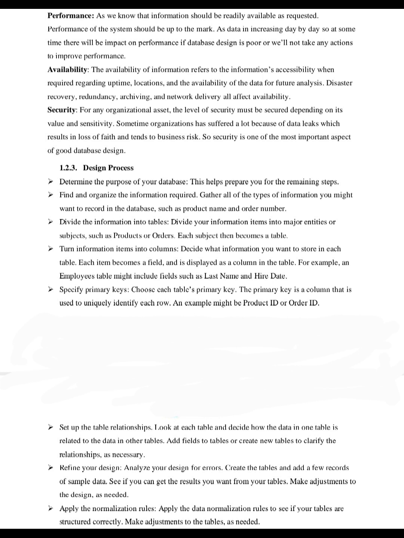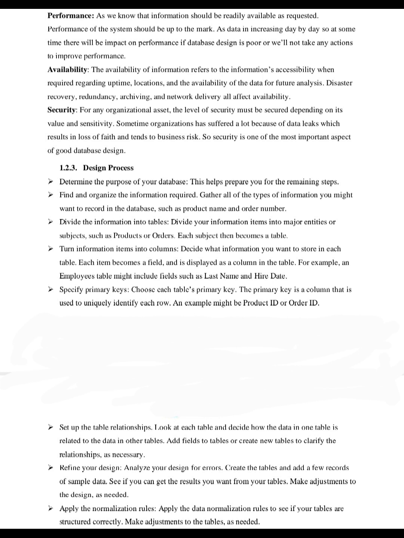Divide your information items into major entities or subjects, such as products or orders. Each subject then becomes a table. Then turn information items into columns. Decide what information you want to store in each table. Each item becomes a field and is displayed as a column in the table. For example, an employee table may include fields such as last name and hire date.